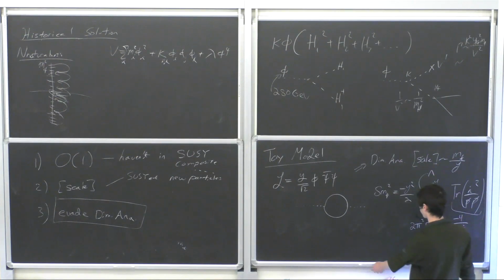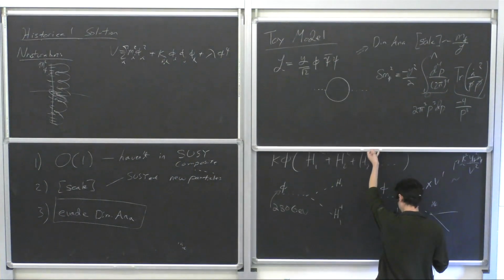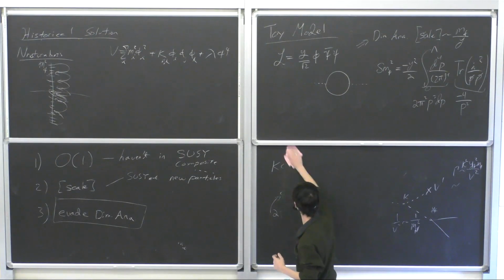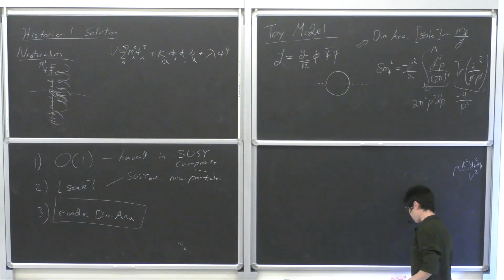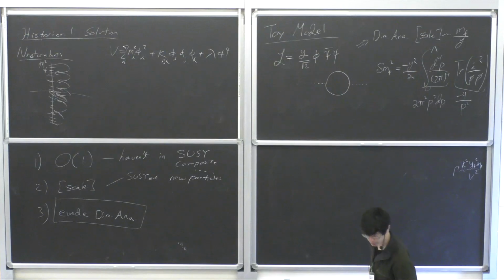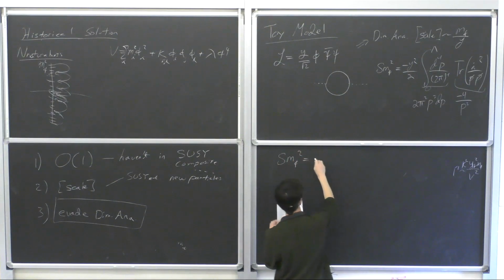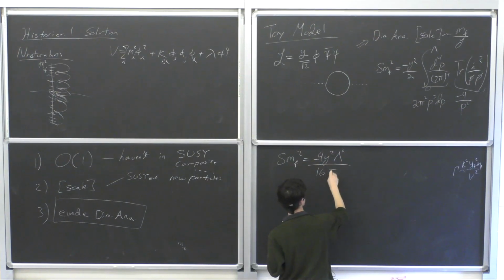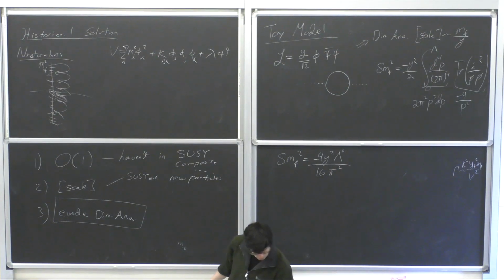So I guess there's an i here that I've not been careful about. And you get 4 over 16 pi squared. So great.